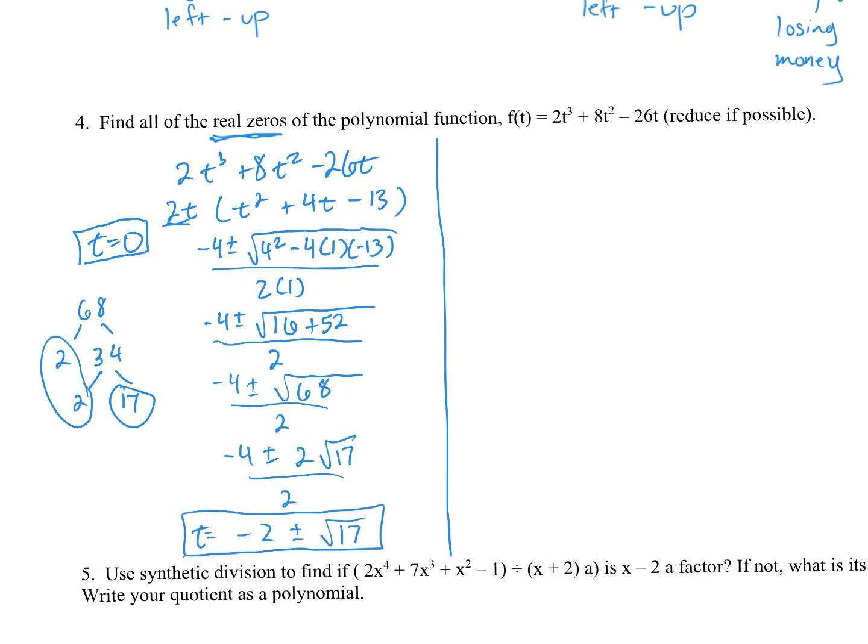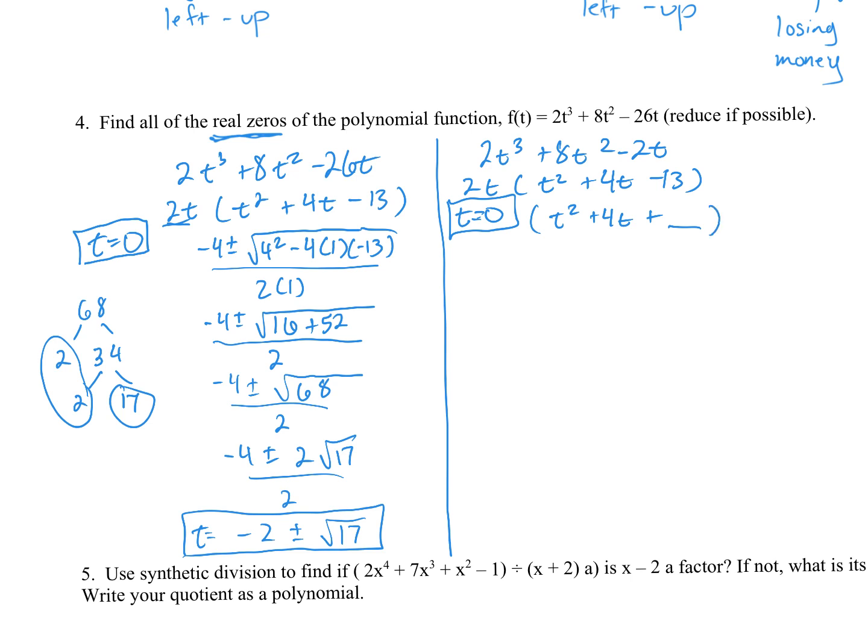Now, just doing it by completing the square, the first step's the same, factoring out the 2t. So if I factor this out, t squared plus 4t minus 13. This gives me t equals 0, so that's one of them. Now it's completing the square, t squared plus 4t plus a space, minus 13 plus a space.